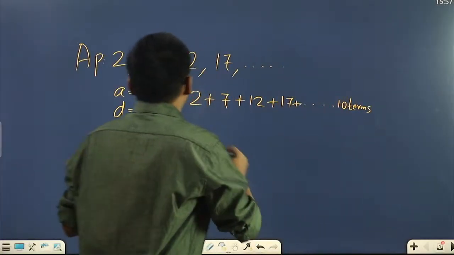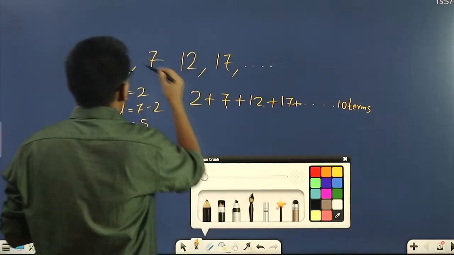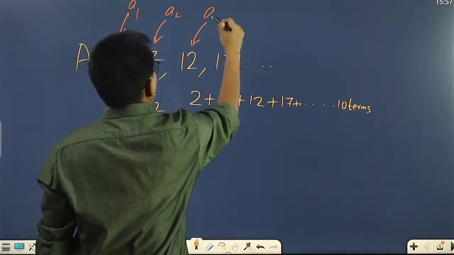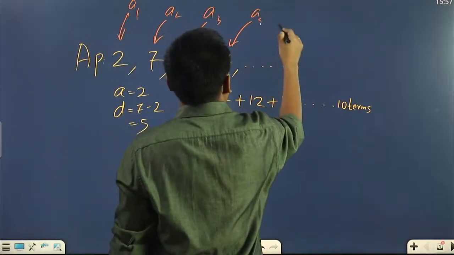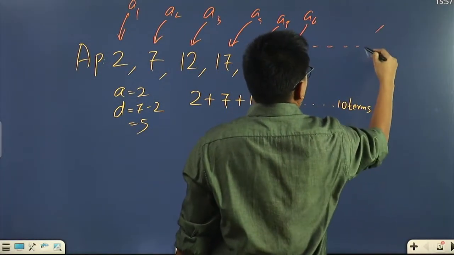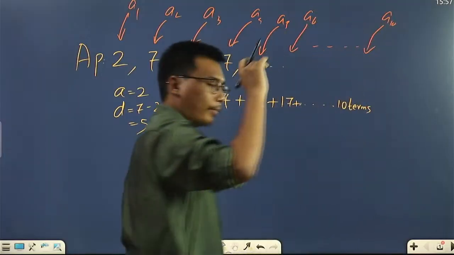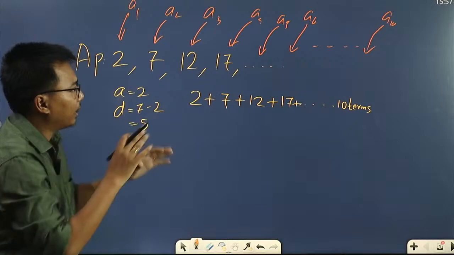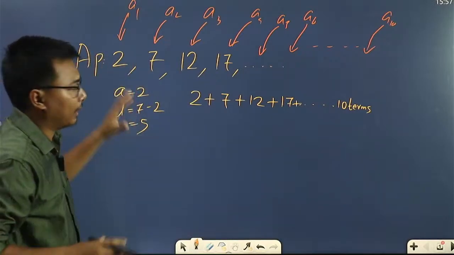This is a1, this is a2, this is a3, this is a4, and we'll get a5, a6, up to a10. We can go more, no problem, but for now let's try to understand just this.